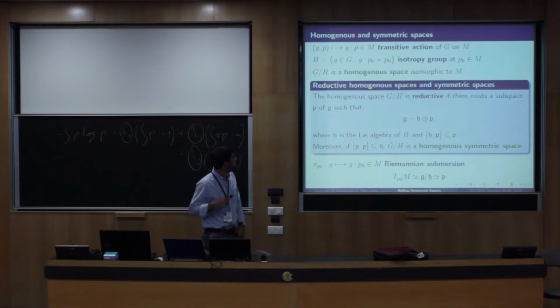In this case, the set of left cosets of H is a homogeneous space that is proved to be isomorphic to the manifold M.